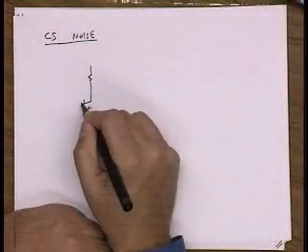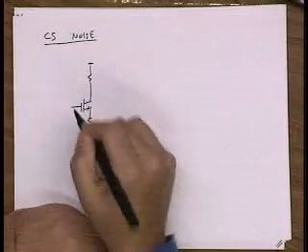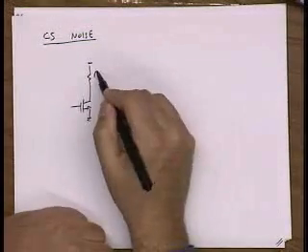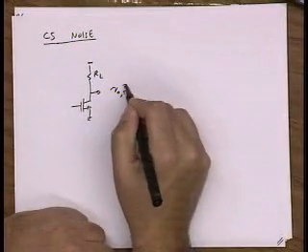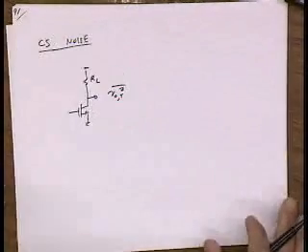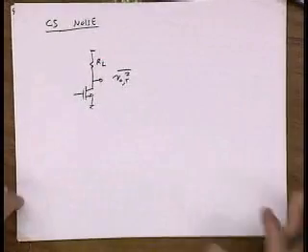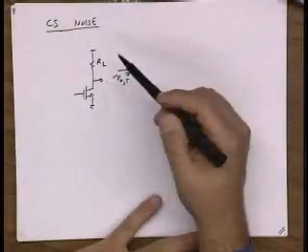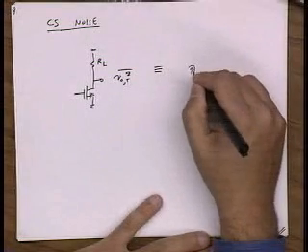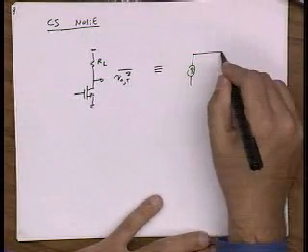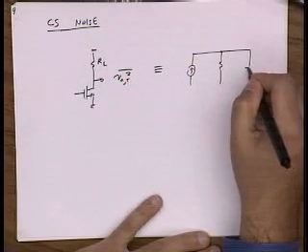Okay, so very quickly, let's look at a very simple amplifier, a common source amplifier, and we want to find the total output noise. If we take this circuit and transform it into a very simple equivalent circuit that we know how to analyze, it looks something like this.